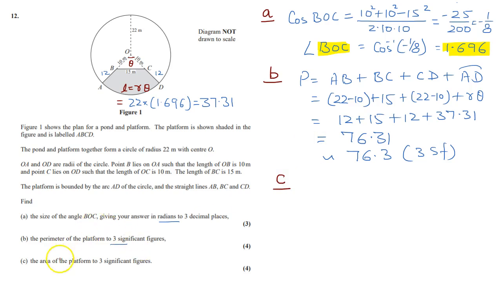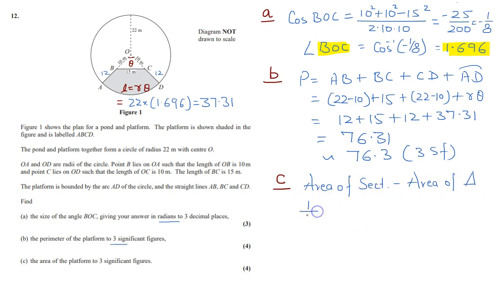Part C: find the area of the platform. Area of the platform is, first we find the area of this sector. The formula for the area of sector, so this is area of sector minus area of triangle.